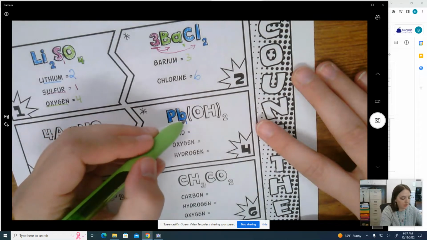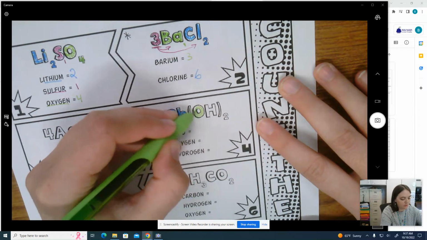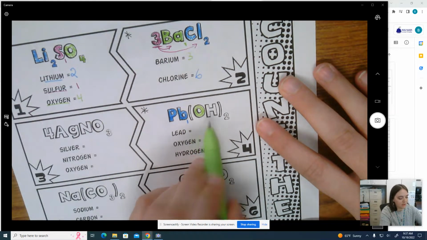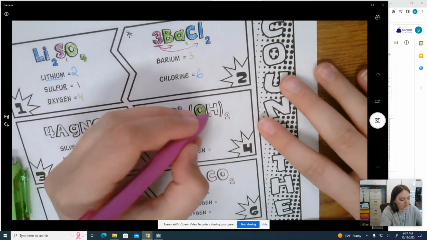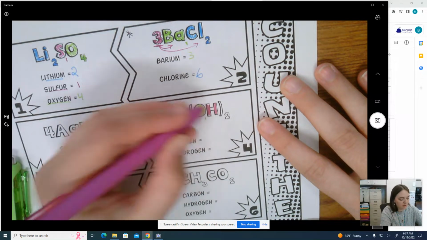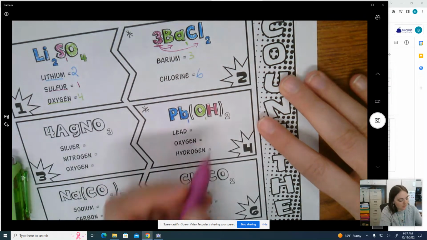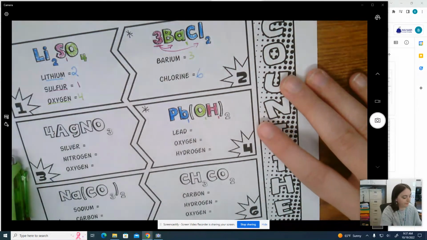Then we have oxygen, which is the O, because there's no number right after the oxygen, it's going to be a 1. And then we have hydrogen. Hydrogen is right here. Because there's no number right after the hydrogen, it's just going to be 1.